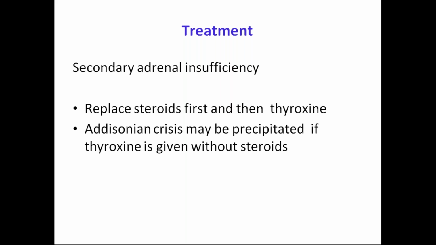Then we asked him what he was doing. He told us he was going to the gym regularly, and someone told him to take steroids so that his body would build up easily. So again we took the history, and it turned out he was on steroid addiction. He was taking those steroids. So the patient presentation will be different if the patient has secondary adrenal insufficiency. See, he had an atypical skin rash, a mild fever, but a very severe infection in his body.